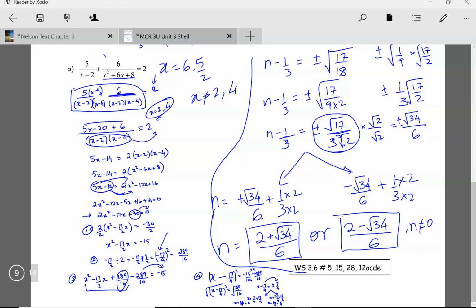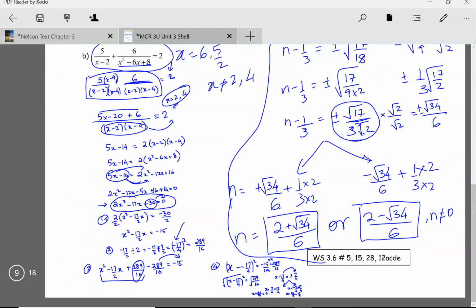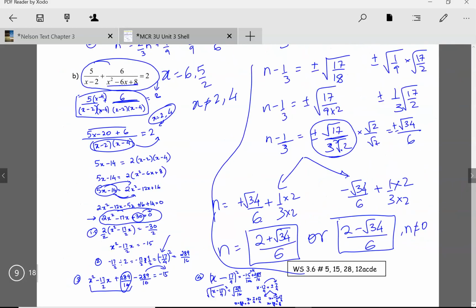The graph of this function will look exactly like the graph of this function, 2x squared minus 7. It will look like a parabola, except that there will be extra holes present in our graph because of the restrictions that we state. So it's important to take note of those things.